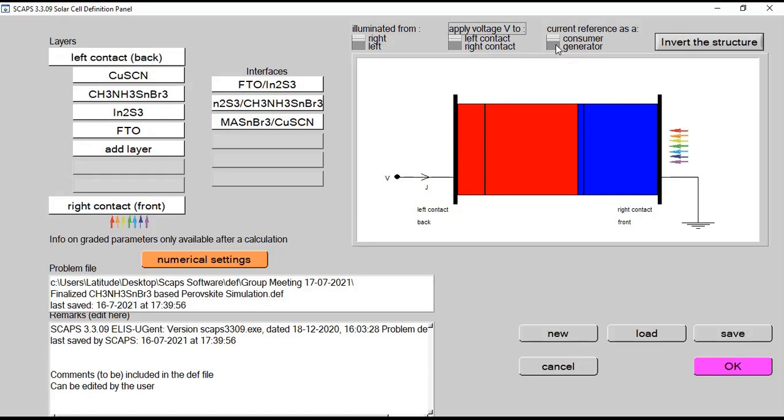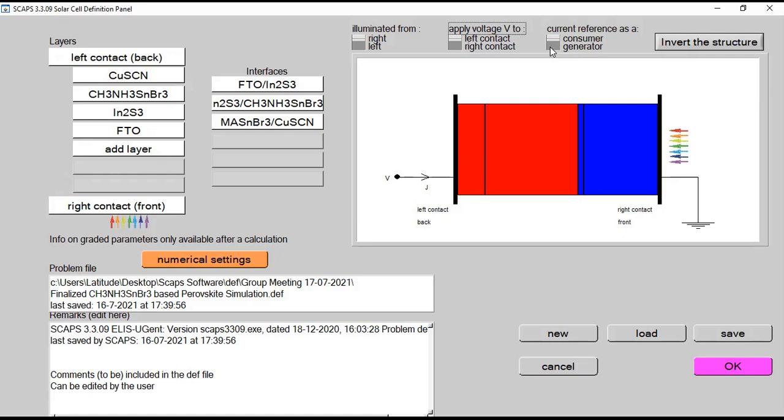And the same case for current reference as the consumer or generator. In normal condition, we are going to simulate our perovskite structure in SCAPS 1D for consumer purpose. And for that case, we should keep this button as it is. So I think you should keep in mind whether you are going to provide your current as a reference as a consumer or generator.